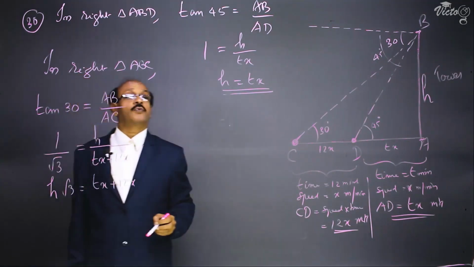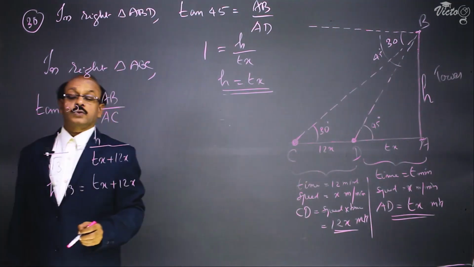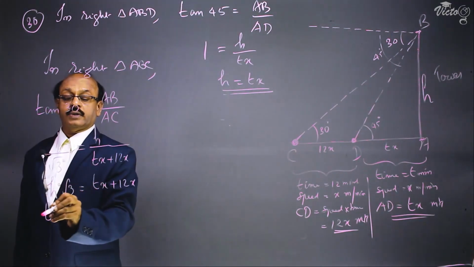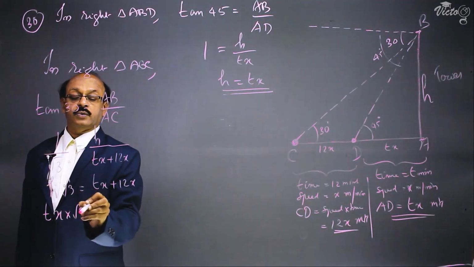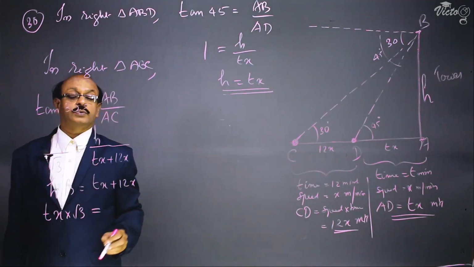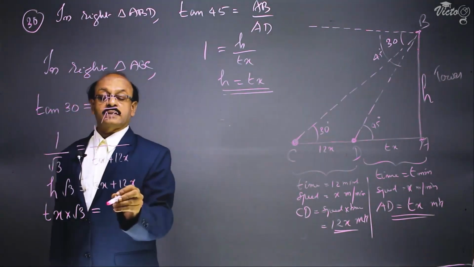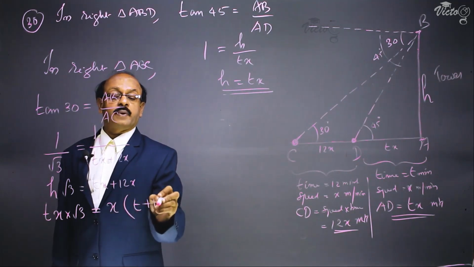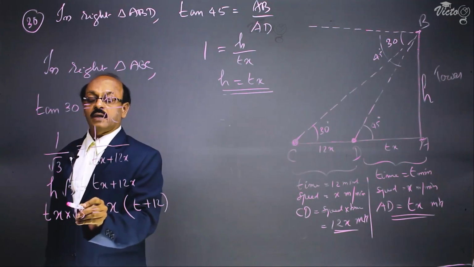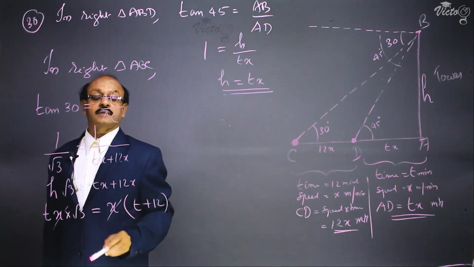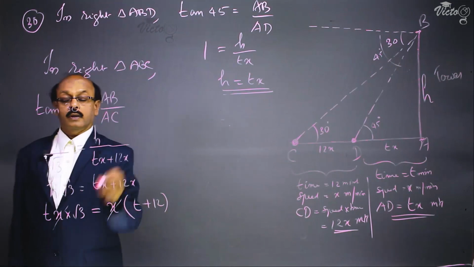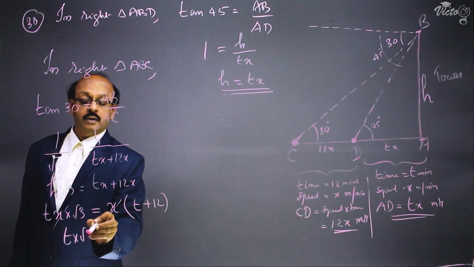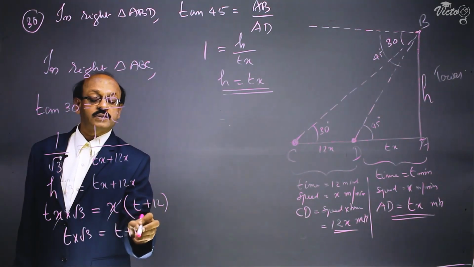But the value of h is equal to tx. So we can put the value of h here, getting tx into root 3 is equal to, take x as a common factor from here, so it is x into t plus 12. Now we can cancel this x and x. Here it is t into root 3, which is equal to t plus 12.